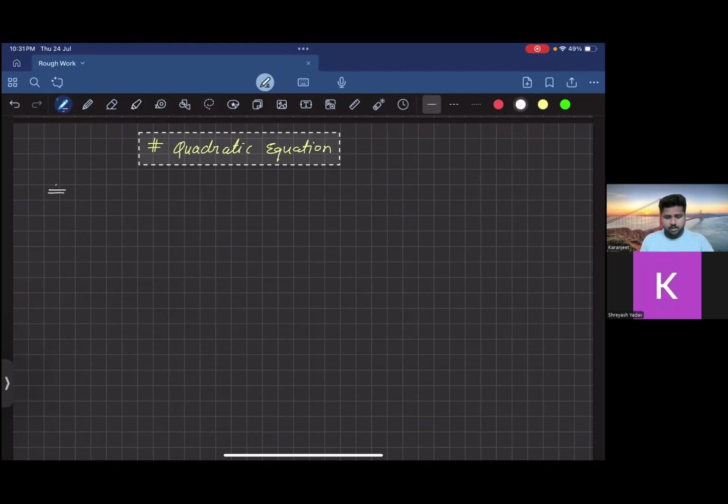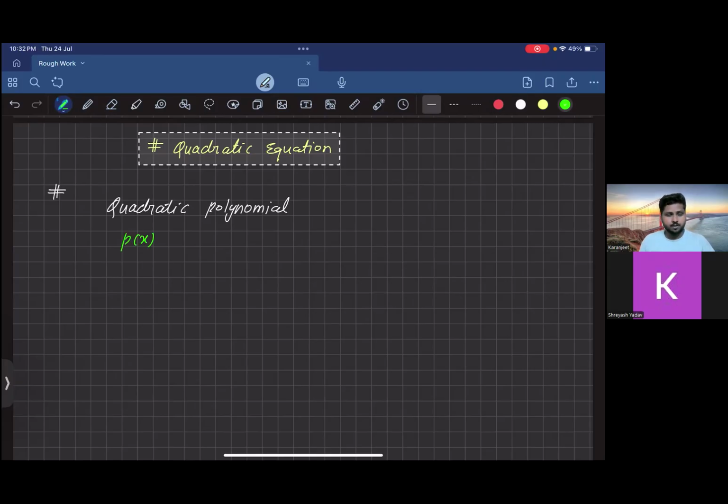First of all, it is the next version of a polynomial, the quadratic polynomial. So we have to think about the quadratic polynomial first.